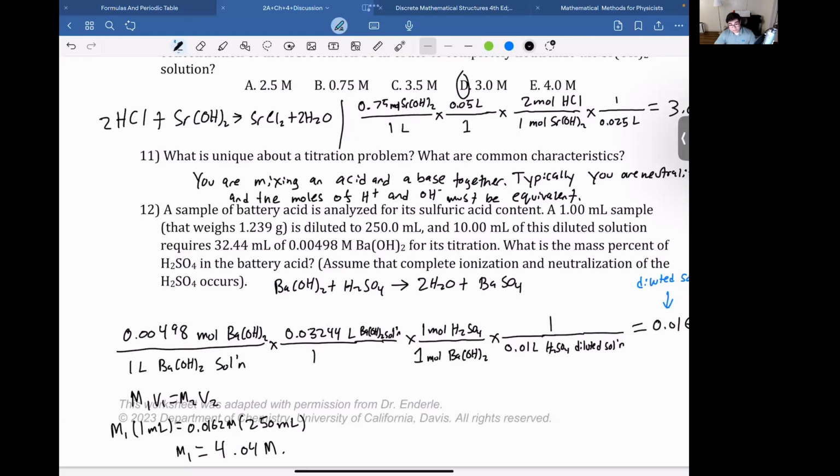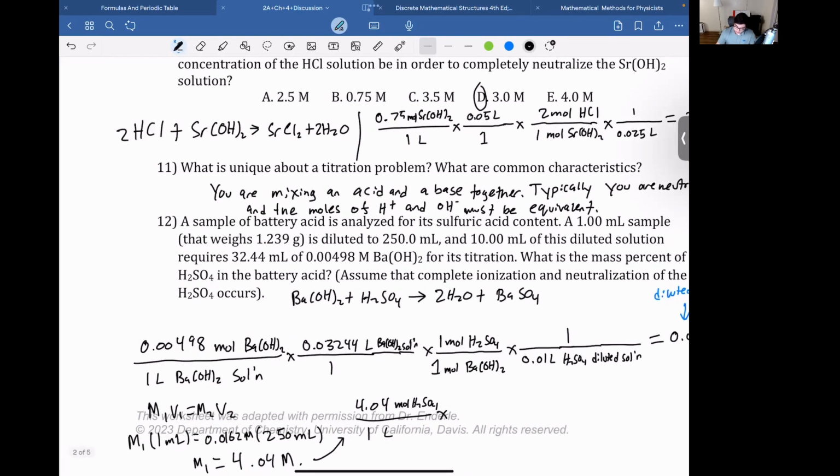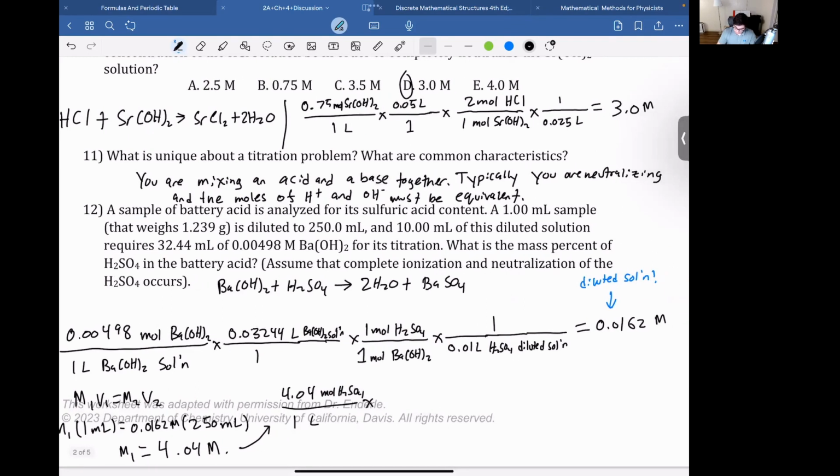Okay, so we're almost done here. Now we can figure out what the mass is of the H2SO4. So we had that many moles per 1 liter. We had 1 milliliter of solution, 0.001.